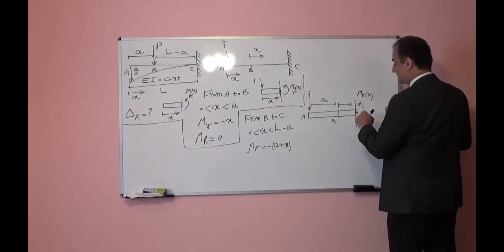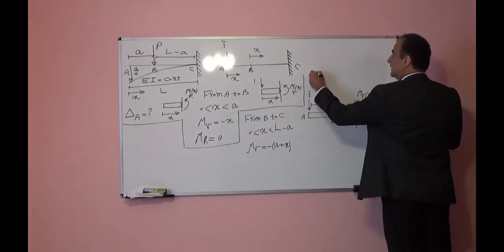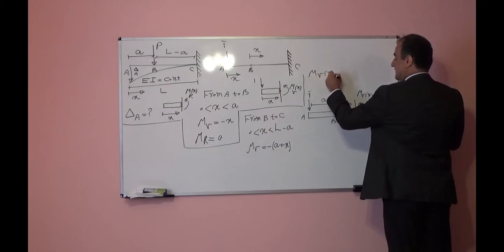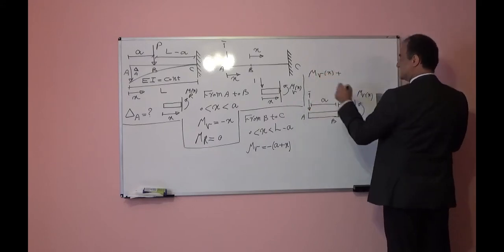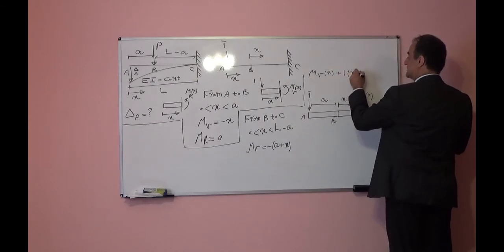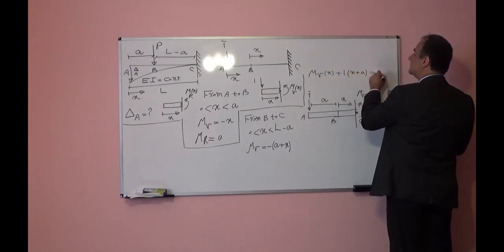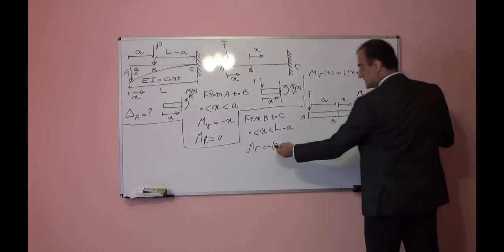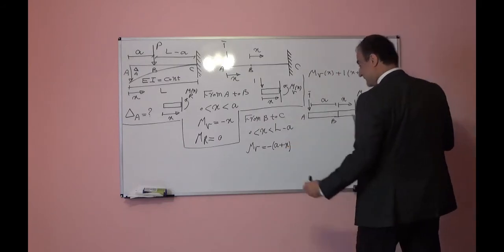Because if I take moment with respect to this point, mvx plus 1 times distance, it will be 1 times x plus a is equal to 0. If I take this term to other side, it will be negative.